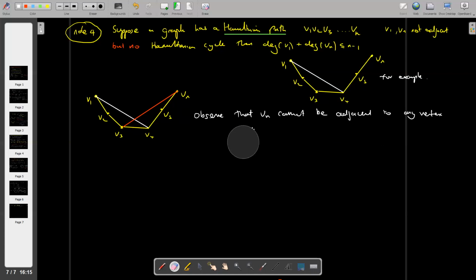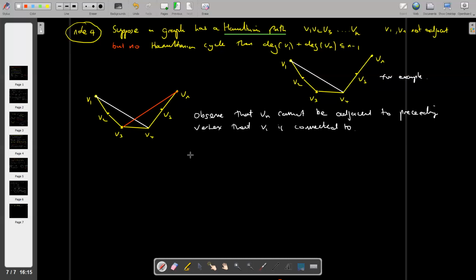Let me say that better. It can't be adjacent to the preceding vertex that V1 is connected to. So what I'm saying is, if V1 is connected to this vertex, then we can't have this one connected to the one before.